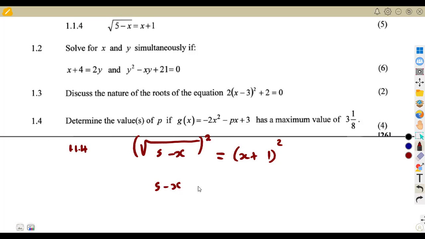So 5 minus x must be equal to x plus 1 squared. Meaning to say, we expand x plus 1 squared.